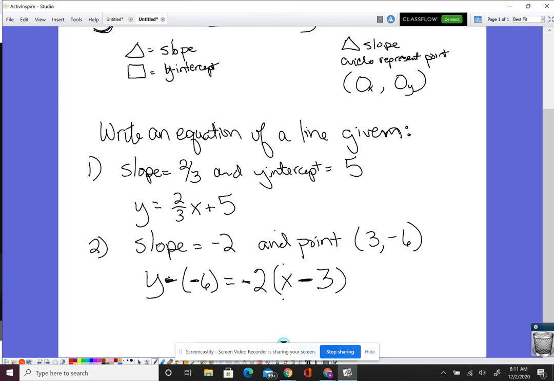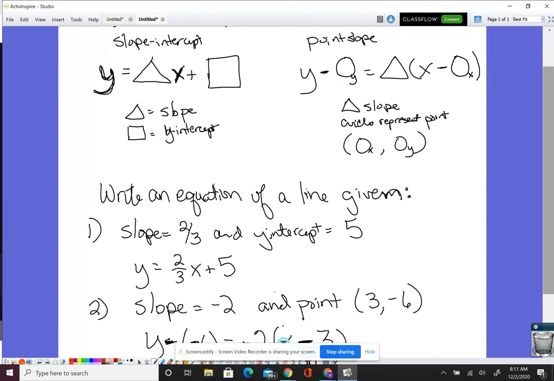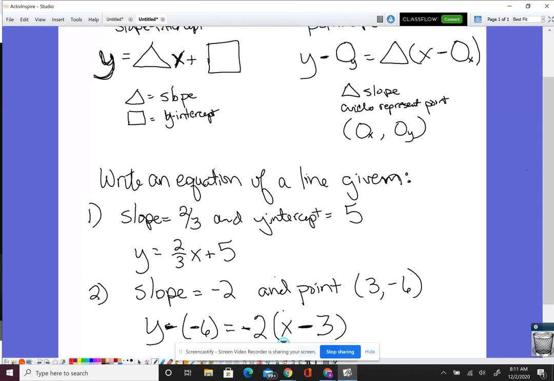So slope and point. Wait, hold on. How did you plug that in again? I'm sorry, I'm a little confused. Okay, so the triangle, I'm going to go back up to the one up here so you can see both. So the triangle is always a slope, so they told us the slope is -2, so that's what I put in there where the triangle is.